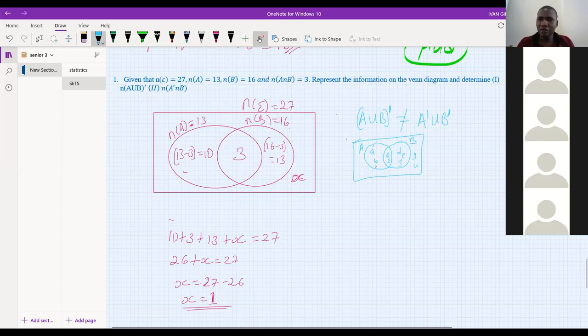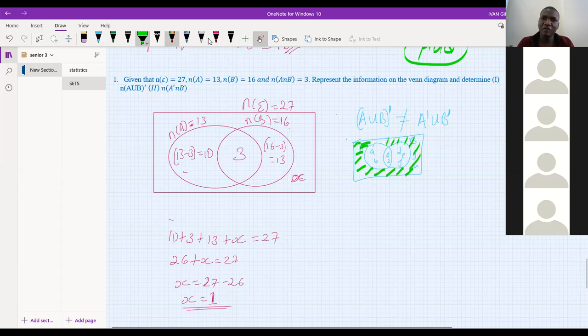Now, I want us to state the elements. Let's first shade the region A union B complement. A union B are these circles. So A union B complement, you shade outside the circles. You shade this. This is A union B complement. You see that? That's our region, A union B complement.